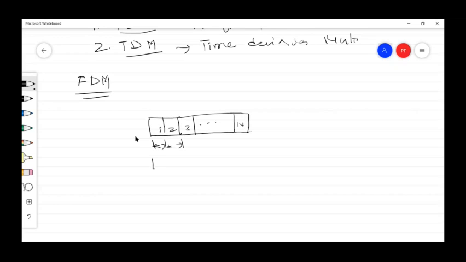So the given frequency band is divided into a number of subbands, and each subband is used for one particular signal. This is meant for transmitting the first message signal, this is for the second message signal, this is for the third message signal, and so forth. This is for the nth message signal. Like that, the given frequency band is shared among the signals. So this is called frequency division multiplexing, isn't it?